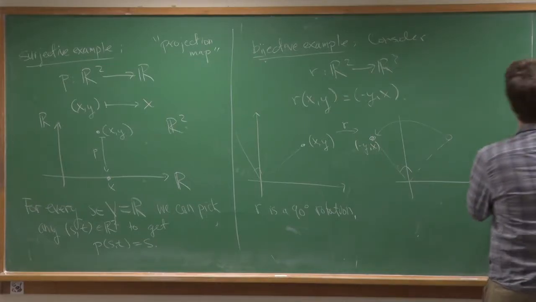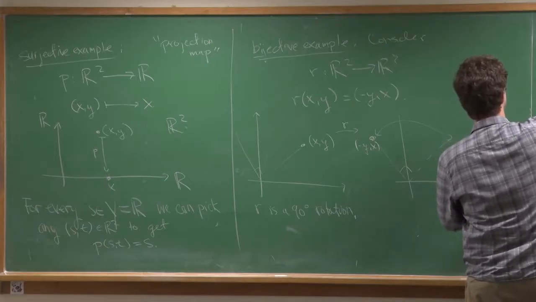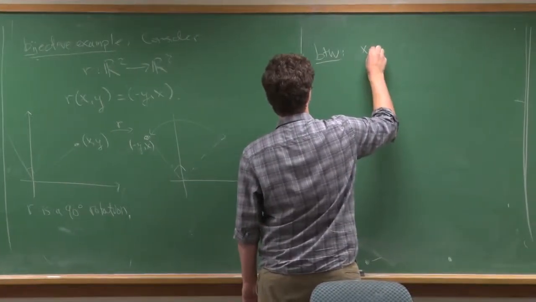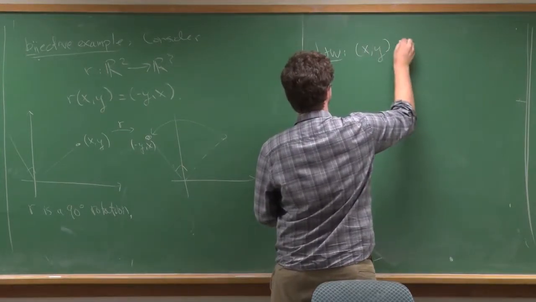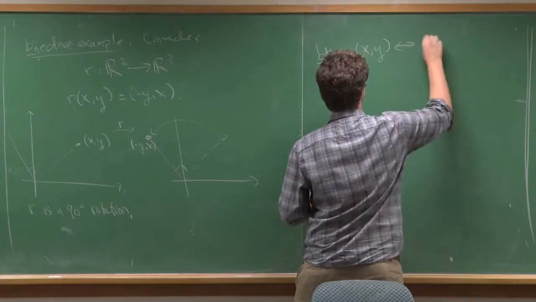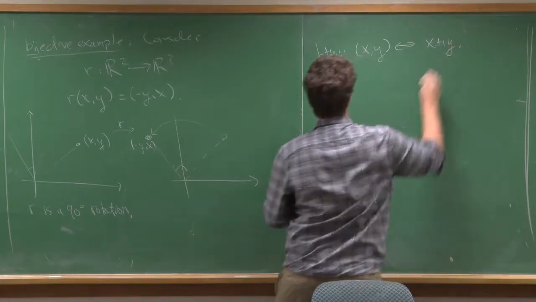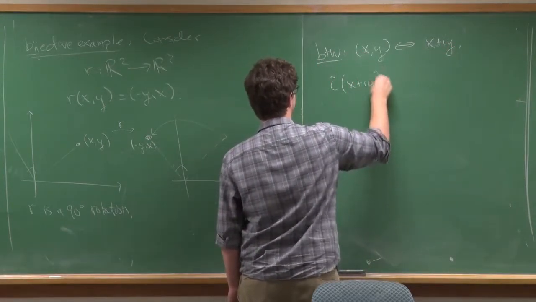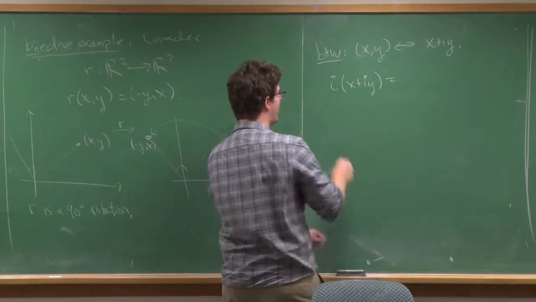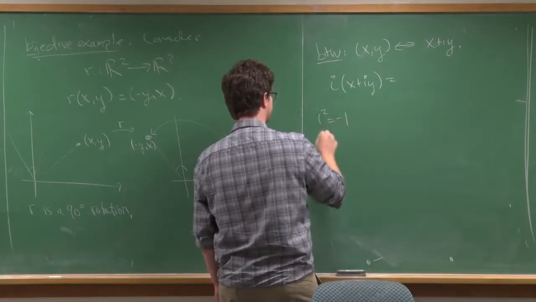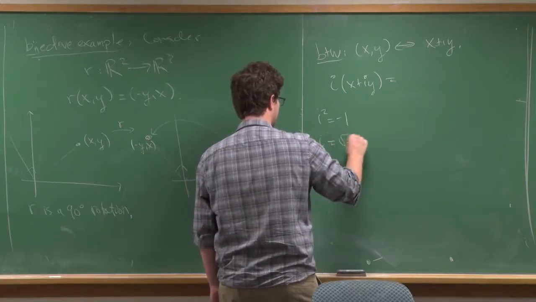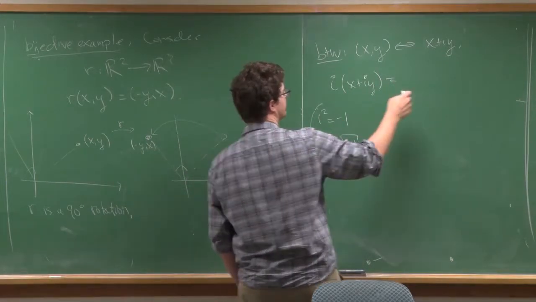By the way, let me just tell you something fun about complex numbers. You have (x, y) here. This corresponds to x plus iy, where i squared is -1, so i is the square root of -1. This is how you write a complex number.